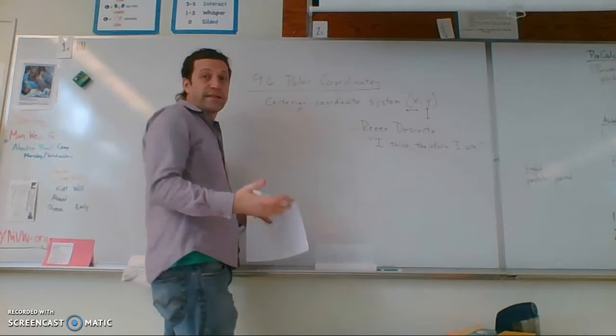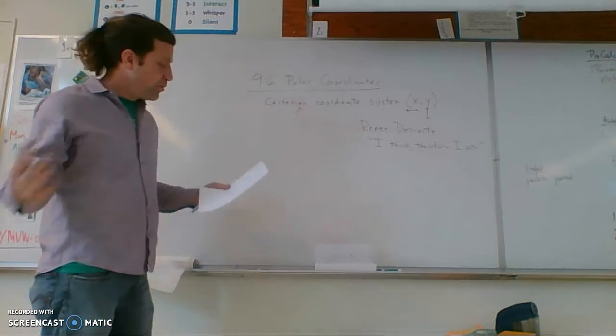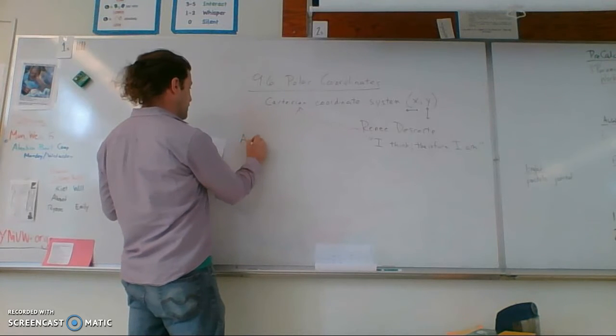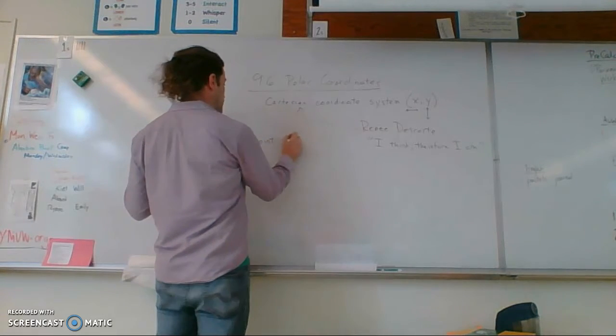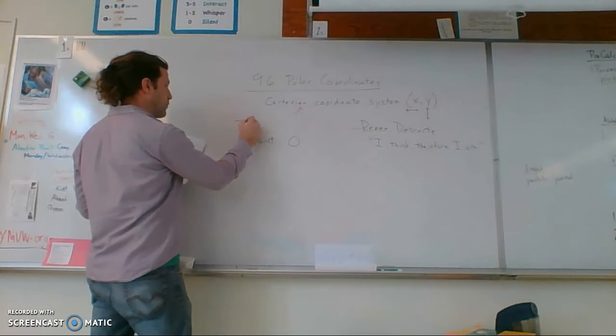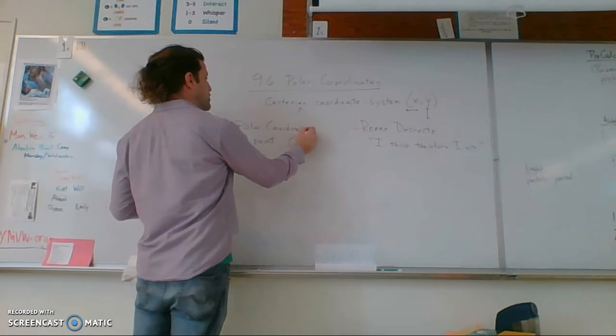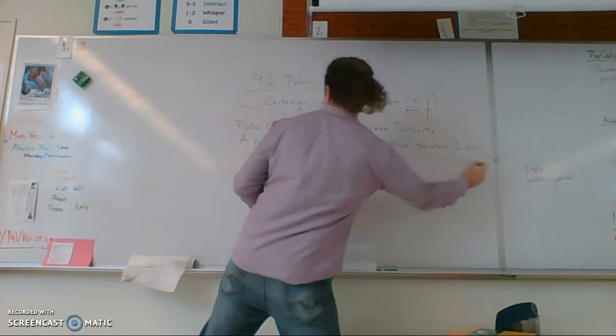And it's rectangular. However, the polar coordinate system is based on a point O. So let's write a polar coordinate above this, making sure we're separating that from the Cartesian, different from the Cartesian coordinate system.